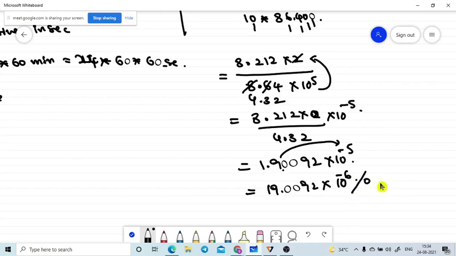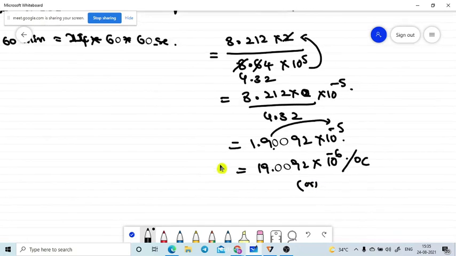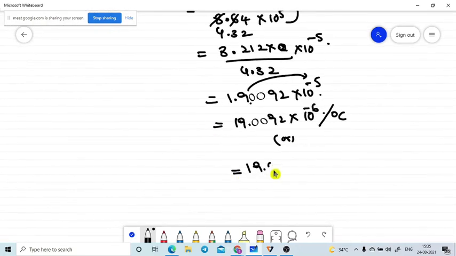It may be per degree Celsius or per Kelvin, no change. So 9.0092 into 10 to the power of minus 6 per Kelvin, only per Kelvin.